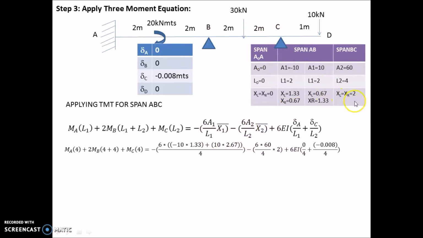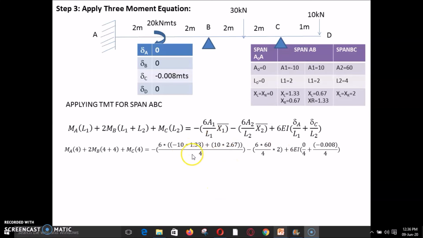For this span XR is 2, so minus 6 into A2, which is 60, into XR of 2, divided by L2, which is 4, plus 6EI into delta A, which is 0, so this value becomes 0, 0 divided by 4, plus delta C, which is minus 0.008, divided by 4.